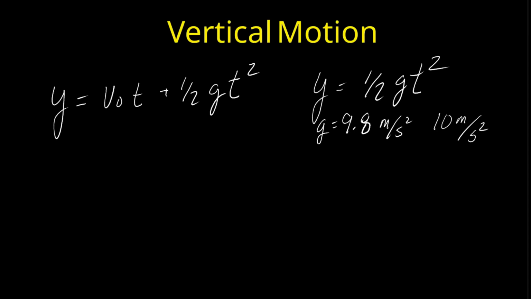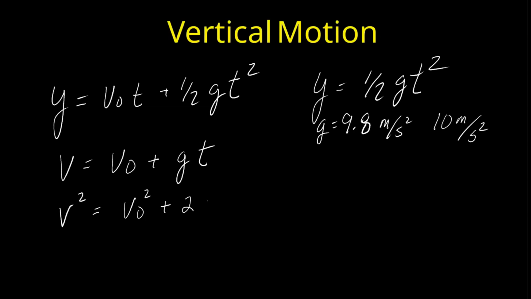The final velocity is equal to the initial velocity plus gravity times time. Final velocity squared is equal to the initial velocity squared plus 2gy.